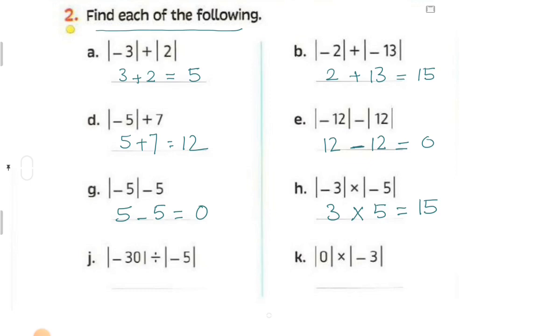Absolute value of negative 30 divided by absolute value of negative 5, it's 5. 30 divided by 5 equals 6. Why? Because 6 times 5 equal 30. Absolute value of 0 equals 0 by absolute value of negative 3 equal 3. 0 times any number equal 0.